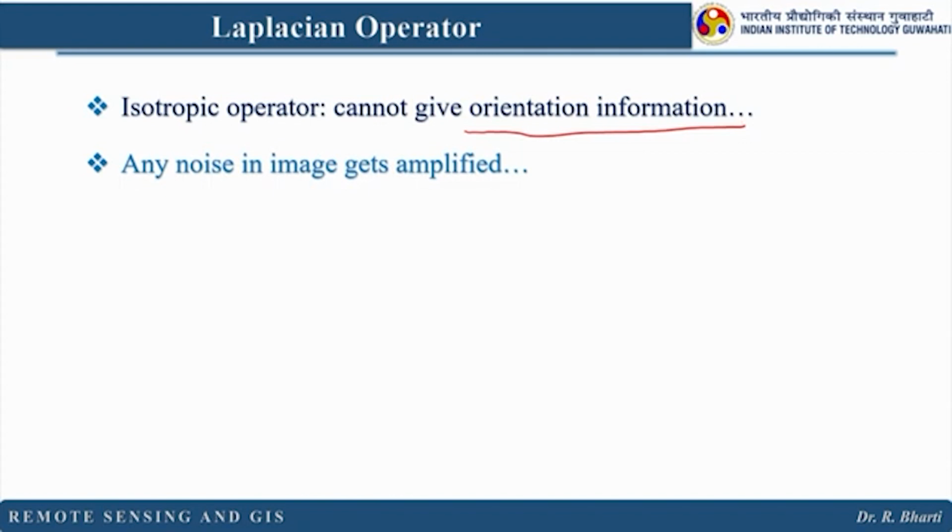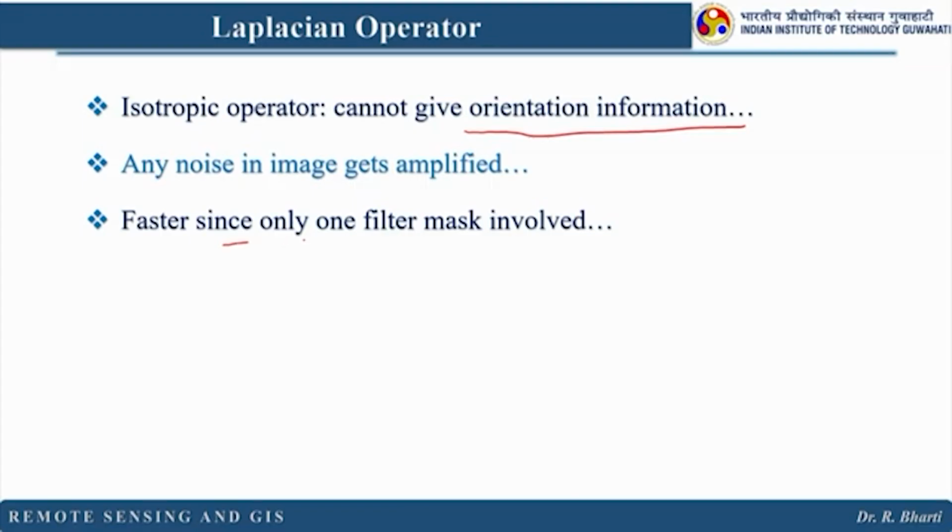Laplacian operator is isotropic in nature, and it cannot give orientation information, right? Any noise in the image gets amplified because you are using 8, 4 and those values, and if a noise pixel gets that value, that will get amplified, right? And it is faster since only one filter mask is involved.